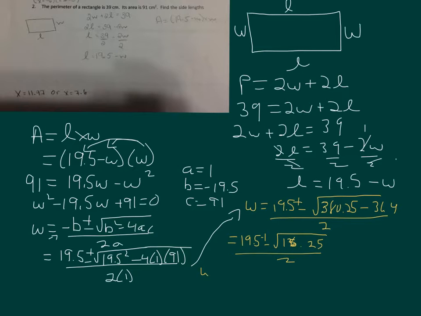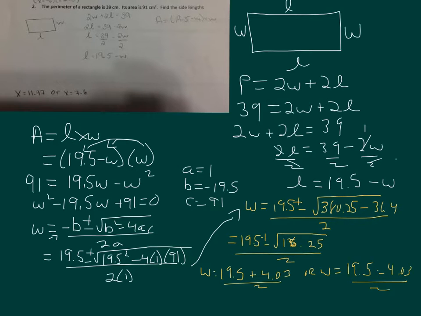So the two roots for w are either w equals 19.5 plus the square root of 16.25, and the square root of 16.25 is 4.03, over 2, or w equals 19.5 minus the 4.03 over 2.